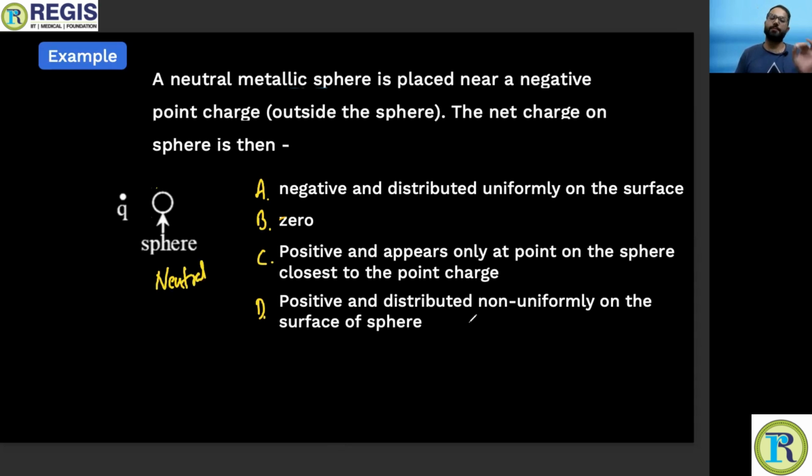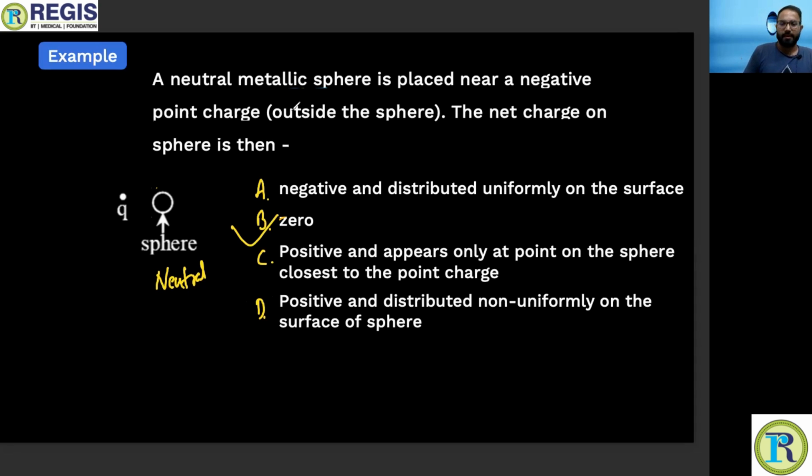The net charge on the sphere: there is no physical touch, and there is no rubbing between both the charged objects. If this is the case, then this is a case of induction. So the answer will be 0, neutral. Why? Because there is no rubbing or physical contact between the charges, so charge can be induced.